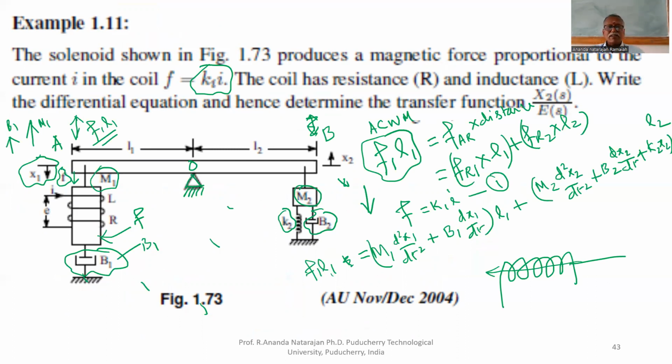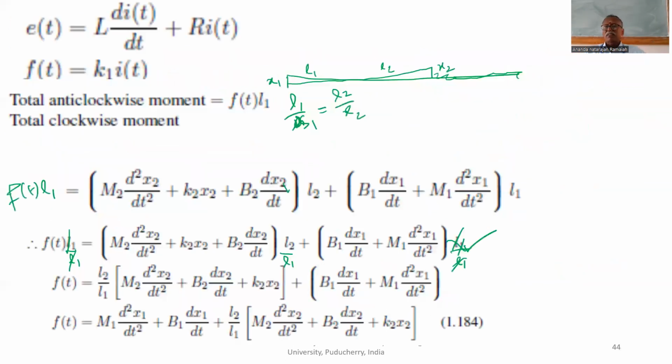But the second part of the question is, hence determine the transfer function x2 of s upon E of s. But x1 should not be there. To find this transfer function, x1 is another variable, and x1 must not be there. That's why we found this relation. Wherever you find x1, that can be replaced using L1 upon x1 equal to L2 upon x2.